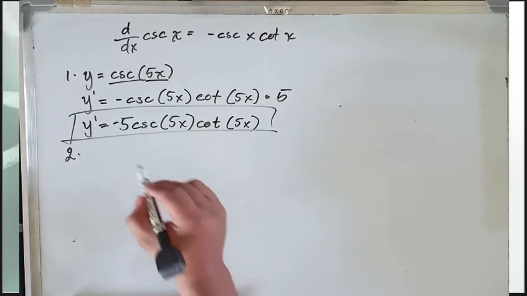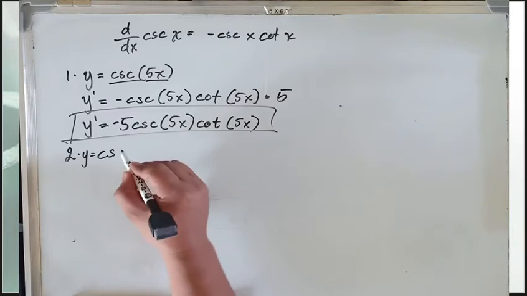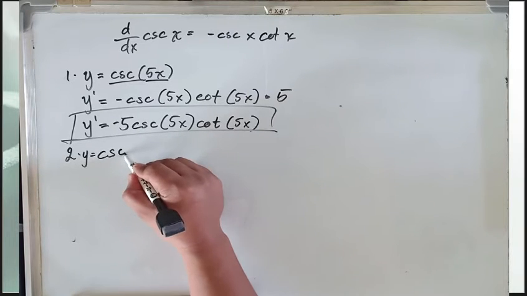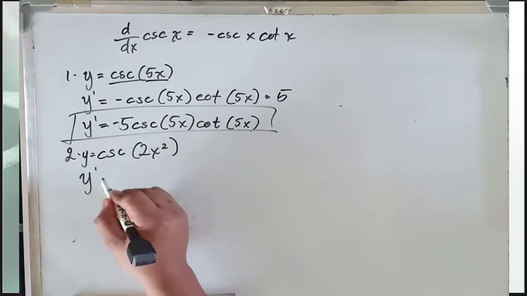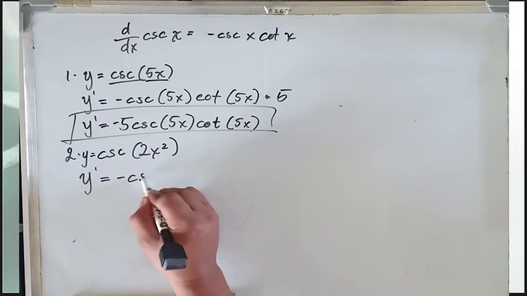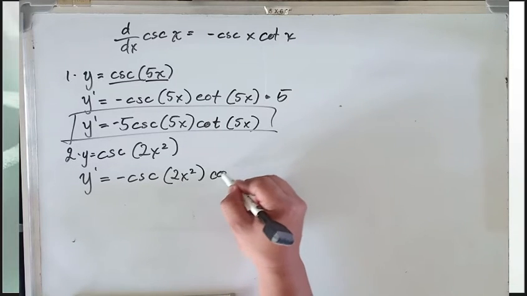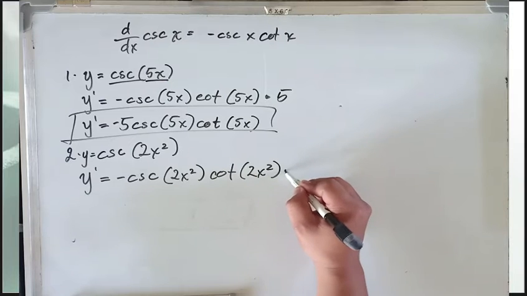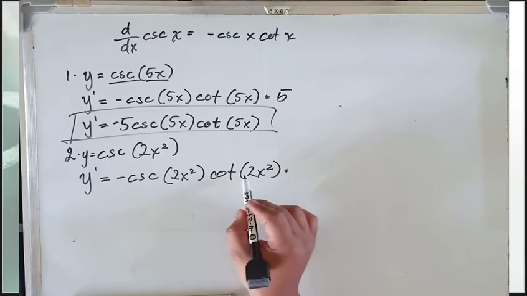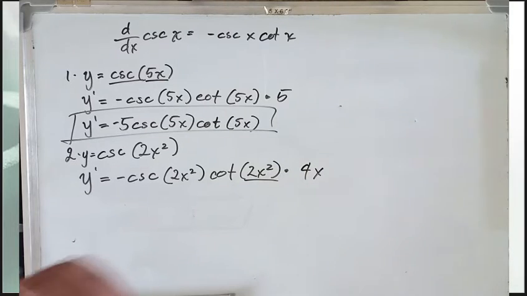For number 2, we have y is equal to cosecant of 2x squared. Now, let's find the derivative. We have negative cosecant, just copy 2x squared, multiplied by the cotangent of 2x squared. Then, we need to multiply by the derivative of the angle 2x squared. So, we have 4x.